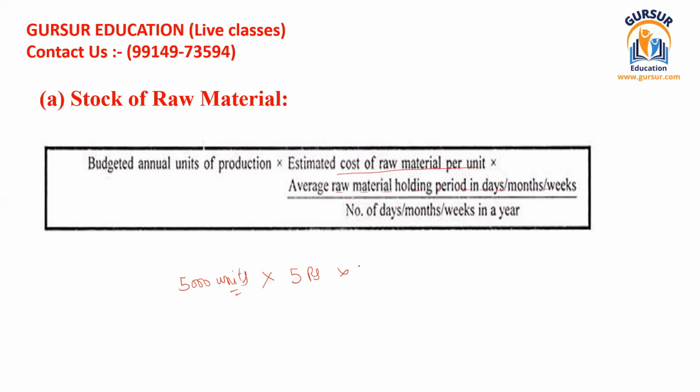Suppose this is 60 days, divided by number of days, months, weeks in a year. This is 365. When you calculate this equation, you can get the value of the stock of raw material required in your business. So this is the first element of the operating cycle method.